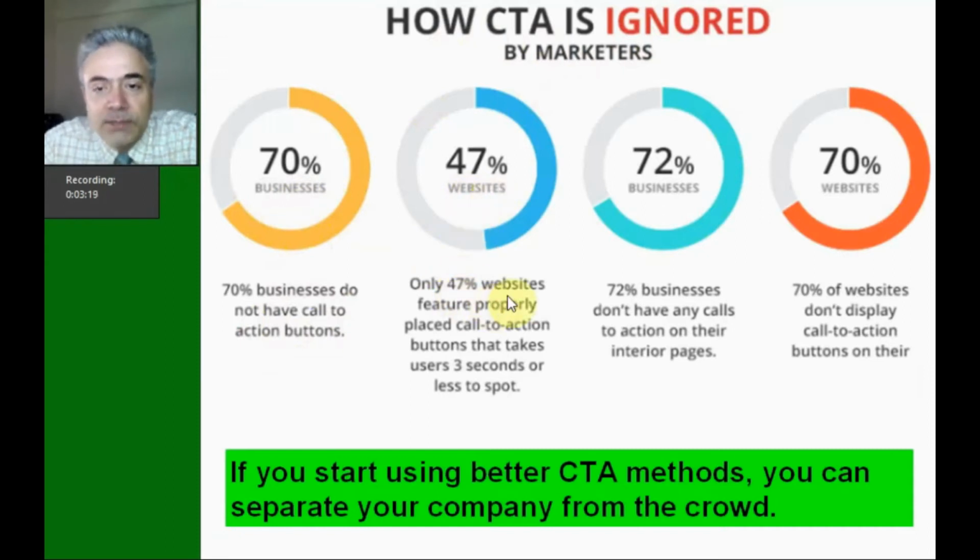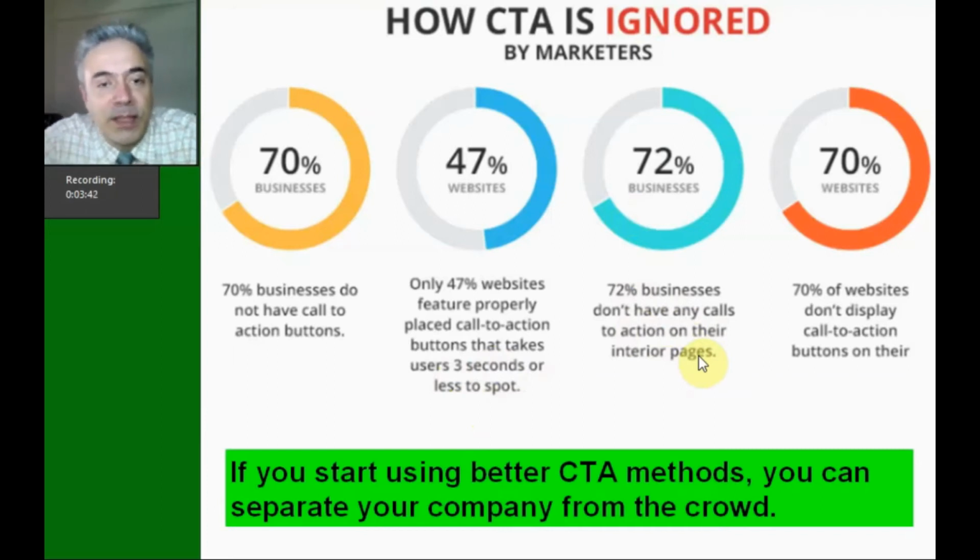47% of websites feature a properly placed call to action button that takes a user 3 seconds or less to spot. 72% of businesses don't have any call to actions on their interior web pages. So maybe put the call to action in more than one place.